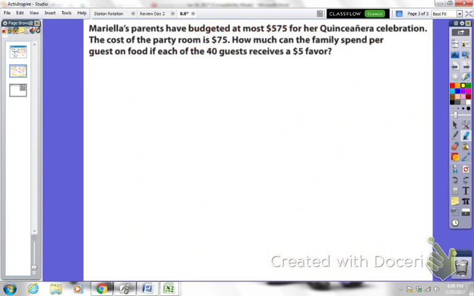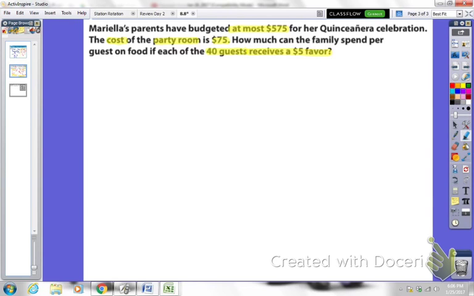And lastly, we're going to solve a word problem. Mariella's parents have budgeted at most $575 for her quinceañera celebration. The cost of the party room is $75. How much can the family spend per guest on food if each of the 40 guests receives a $5 favor?